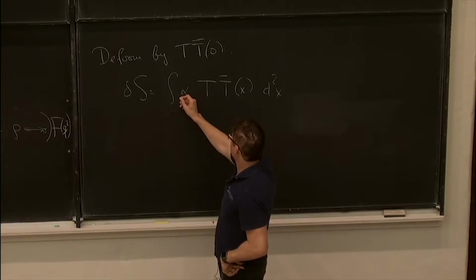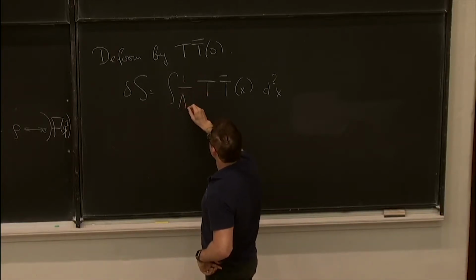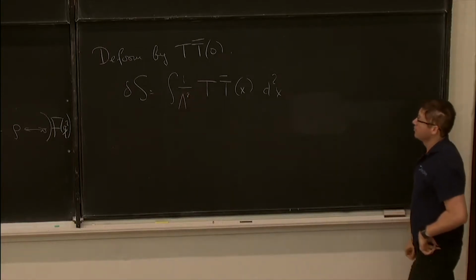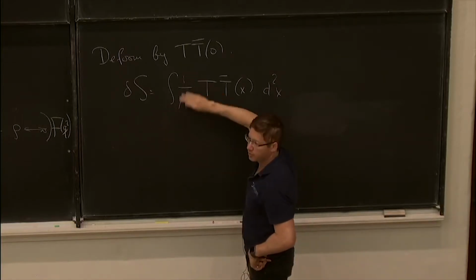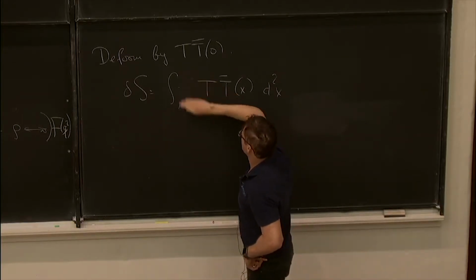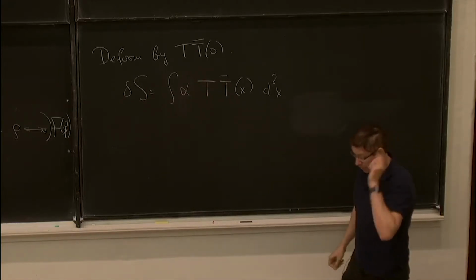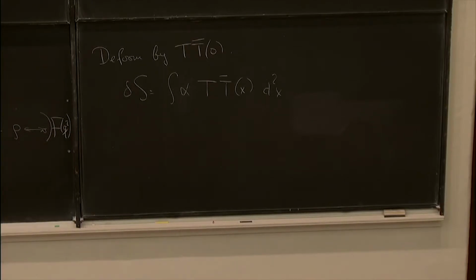Alpha is the coupling constant. You can think about it as 1 over the cutoff squared. But I'll just write it as alpha, because soon there will be derivatives and it would be inconvenient to keep track of this kind of thing. So the idea is to see where that leads, given that TBar seems like a relatively simple operator.